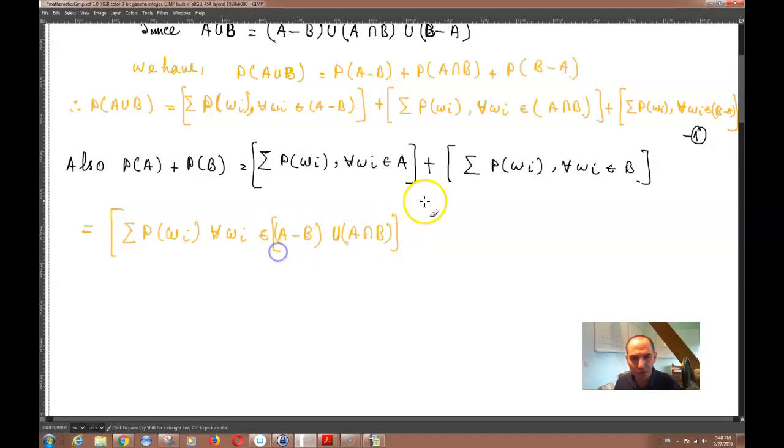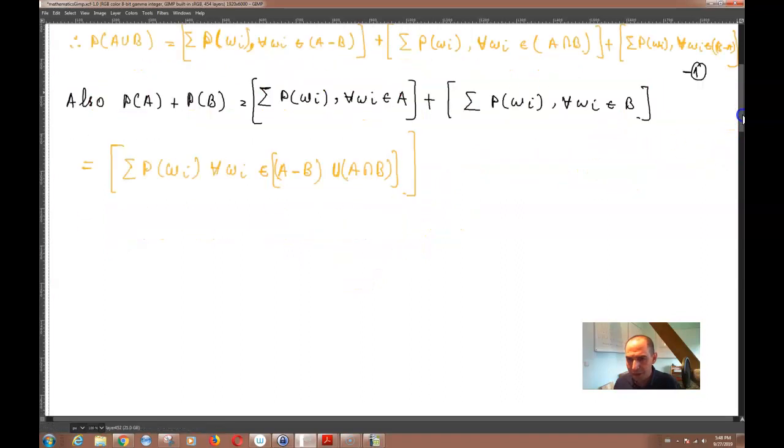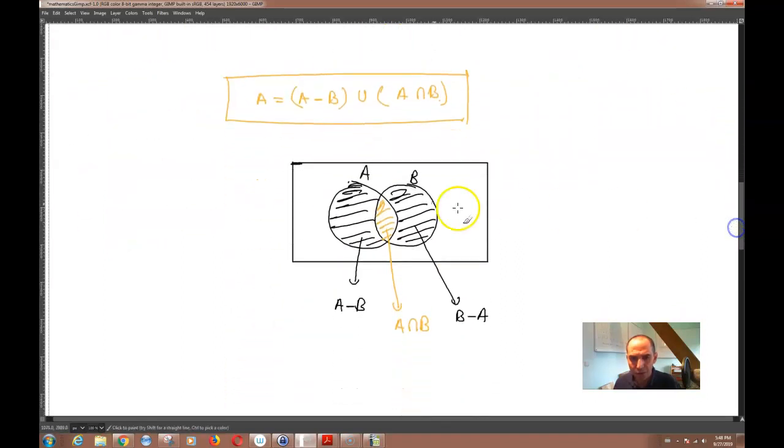So I can write that. And also the set B over here, I can write it as a union of this set and this set, meaning that I can write B is equal to A intersection B union with B minus A.